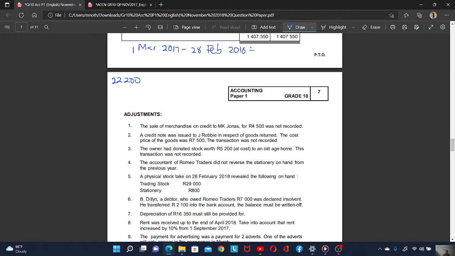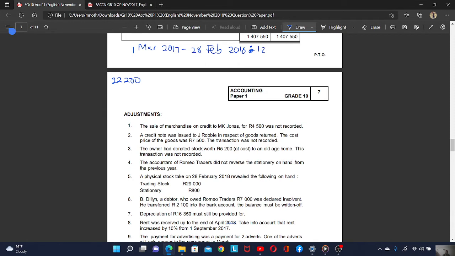That is exactly 12 months. Here we are told that the rent was received up to the end of April 2018.